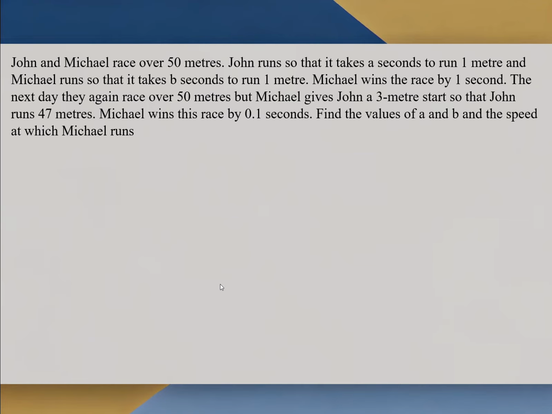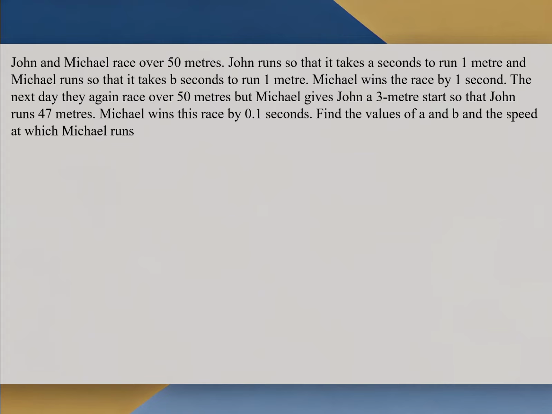Okay, so I'll read the question and I'm going to break down slowly the steps that I would do to solve this. John and Michael race over 50 meters. John runs so that it takes A seconds to run 1 meter, and Michael runs so it takes B seconds to run 1 meter. Michael wins the race by 1 second.